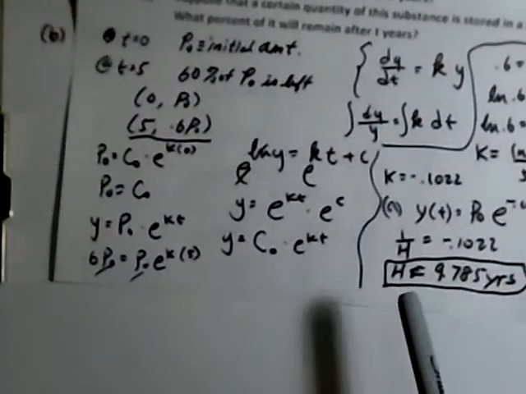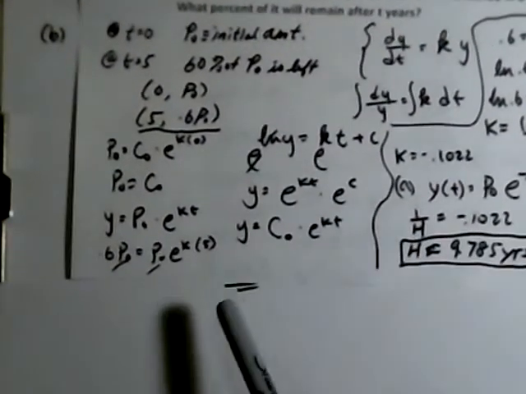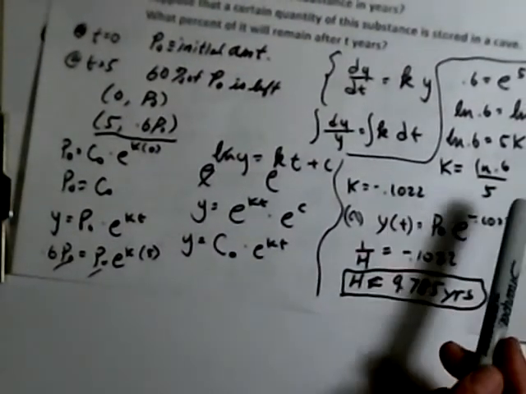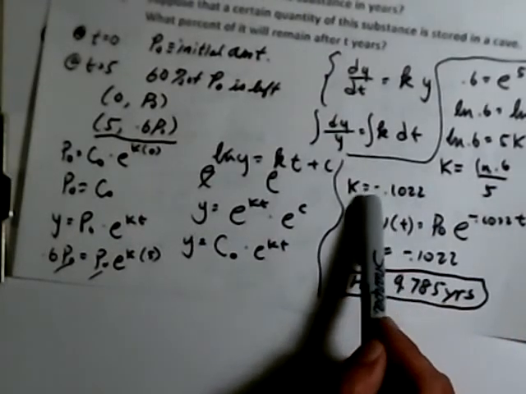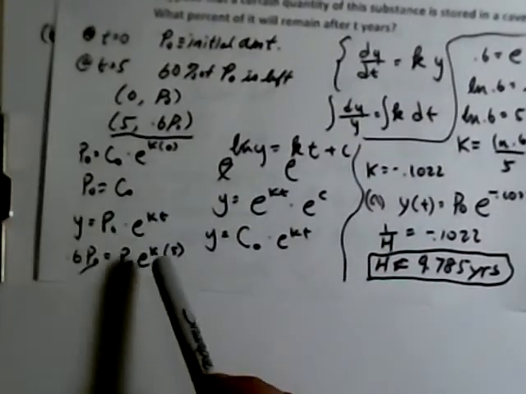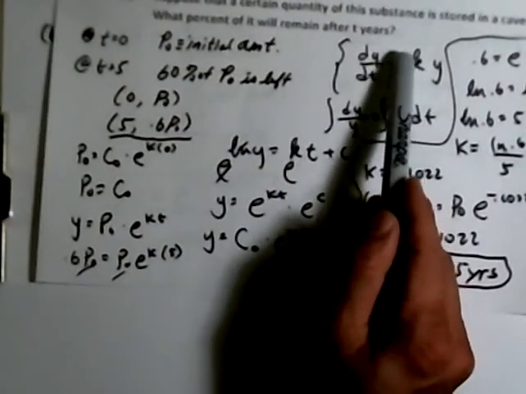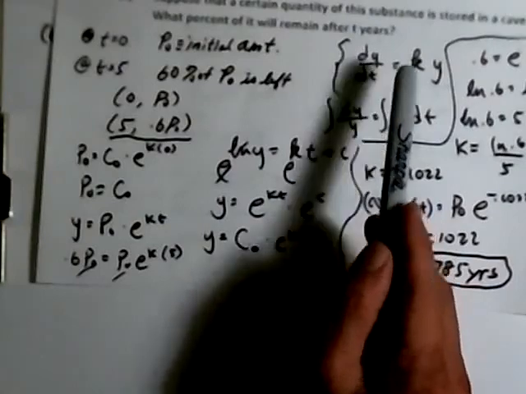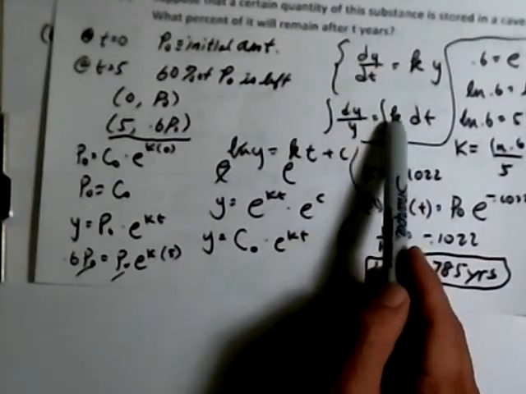One thing I do want to say again is your k value, it did turn out to be negative 0.1022. And if you used this equation with a negative in front of the k, then we should actually come up with a positive k value.